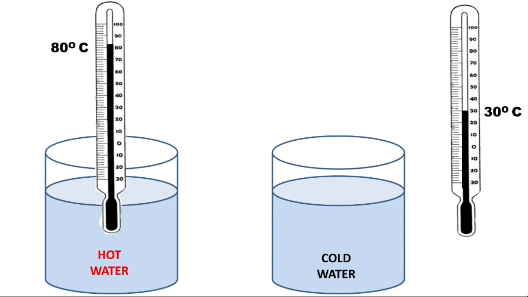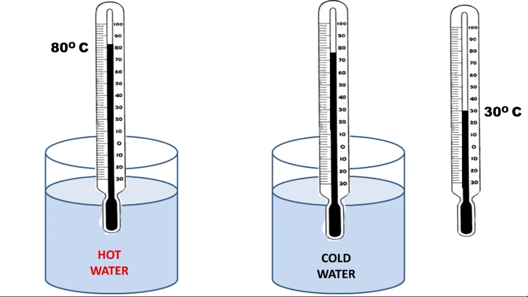Similarly, place the same thermometer in cold water. The mercury level comes down because of the transfer of heat energy from the hotter body, mercury, to the colder body, water. Observe the changes in mercury level, note the reading.